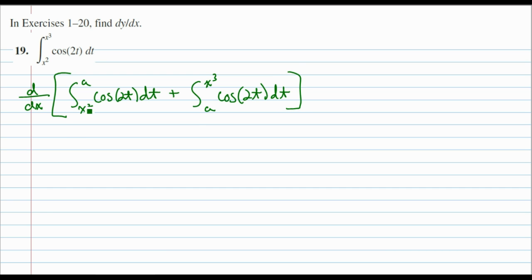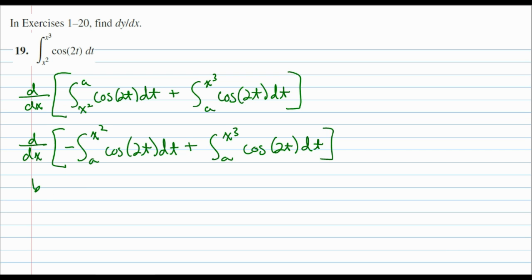Well, I'm not ready to take the derivative of both of these pieces yet because I have the variable in my lower limit of integration for this first term, so I need to switch that and put a negative sign in front, so I'm taking the opposite according to my property. And now I can use the fundamental theorem of calculus to plug that upper limit of integration with the variable into t.